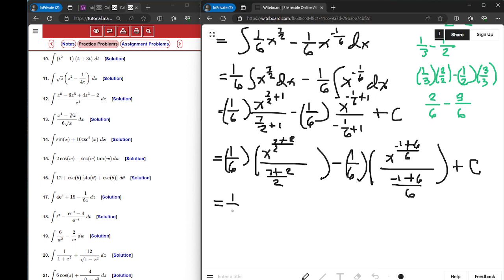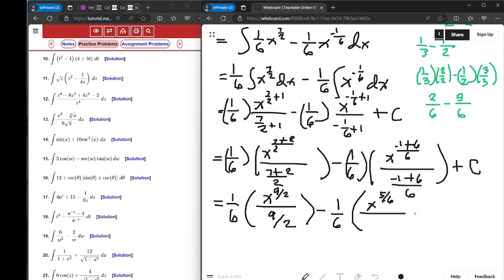Then we have 1 over 6 times x to the power of 9 over 2 over 9 over 2, minus 1 over 6 times x to the power of 5 over 6, because negative 1 plus 6 is 5.